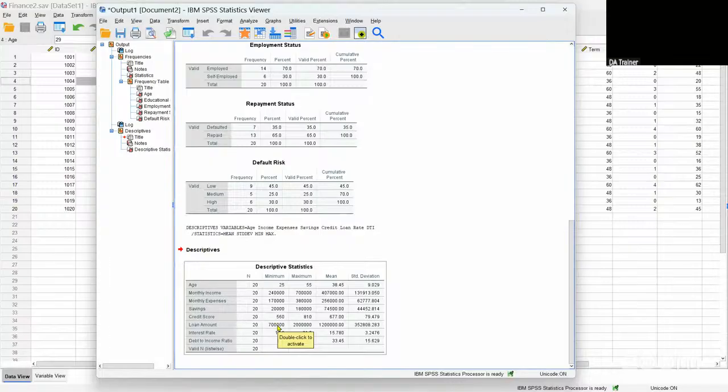I don't know why they decided to give somebody a loan of 700,000, whereas the minimum income of the person is 240,000. How would they expect the person to pay 700,000 in a month? Nevertheless, they may have given it not just to pay in 1 month. Maybe they have expanded the loan term.